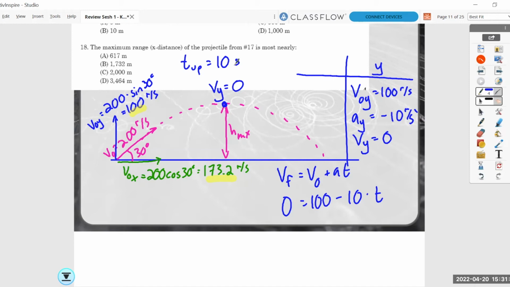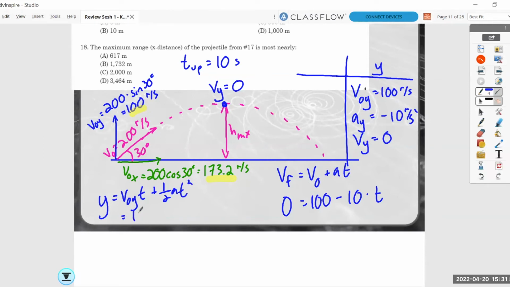And if it takes us 10 seconds to get up to our apex, now I know it takes 10 seconds. How far does it go? Well, I have an equation for that. y equals V0y t plus 1/2 a t squared. You just got to be a little careful filling this in.